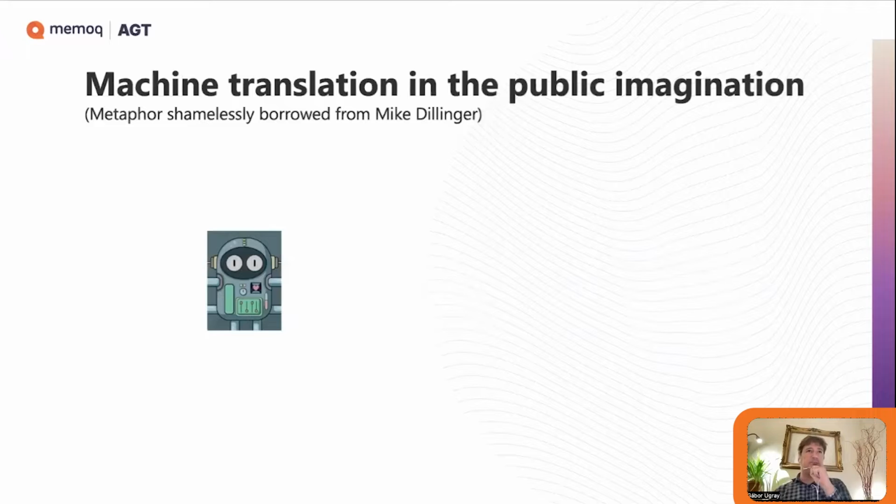And then I want to put machine translation, as it is used in the localization industry, a little bit into context. Not the particular image, but this illustration, the idea comes from the second most well-liked presentation ever in the history of memoQ Fest. This was Mike Dillinger in 2017.